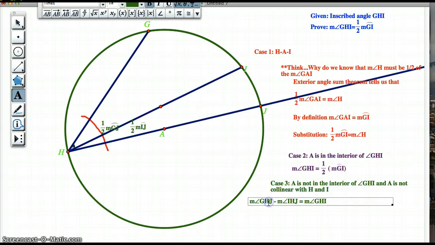Okay, well, what do I know about the measure of GHJ? I know it's 1/2 of the measure of GJ. And what do I know about IHJ? IHJ is 1/2 the measure of IJ.